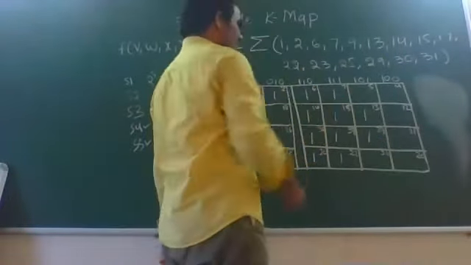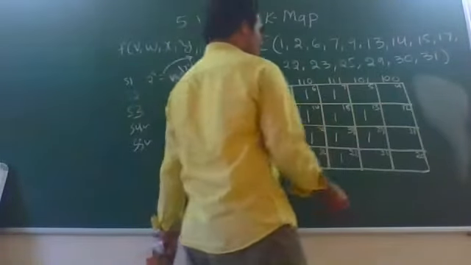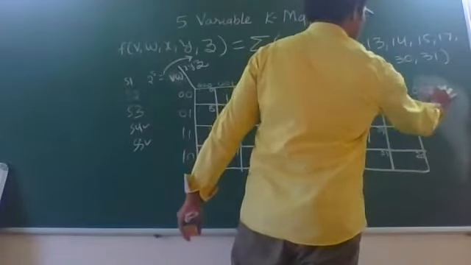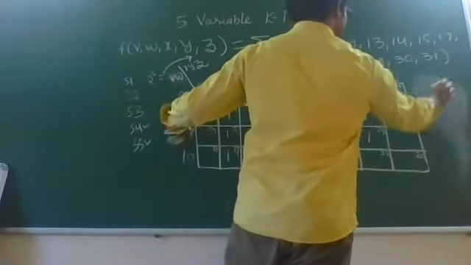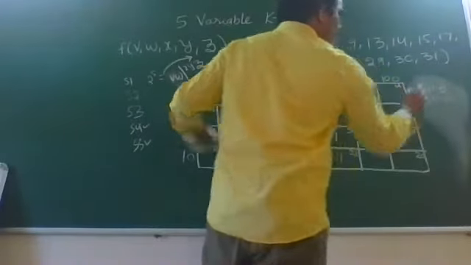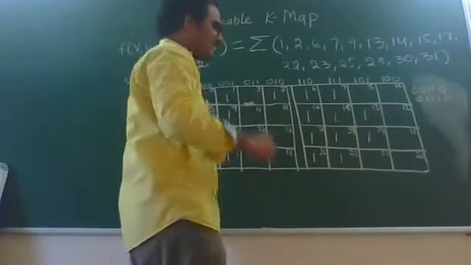So 6 and 7 are anyway adjacent. Let us check for 6 and 14. 6 is 0, 0, 1, 1, 0 and 14 is 0, 1, 1, 1, 0. So they differ in only one position. So 6 and 14 are adjacent.